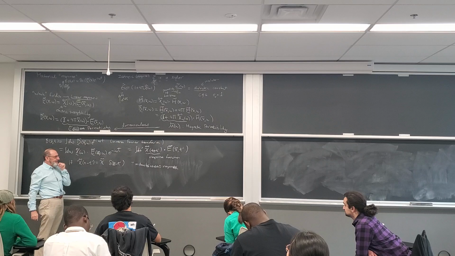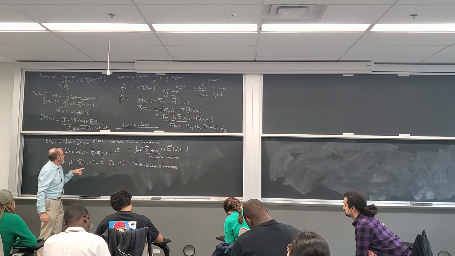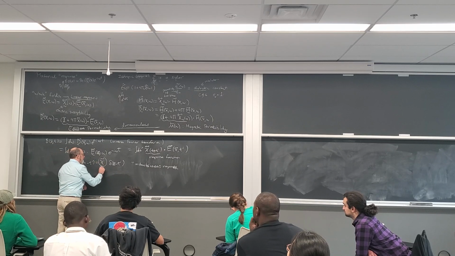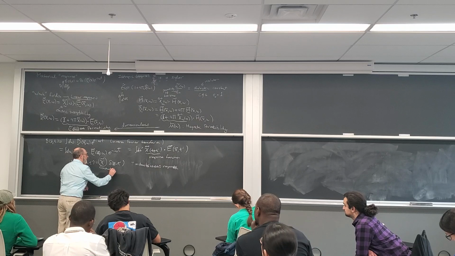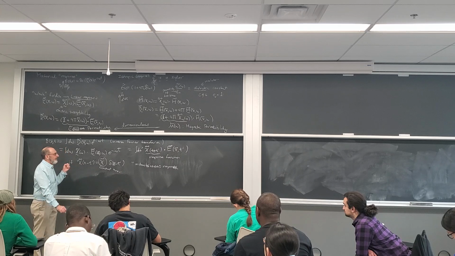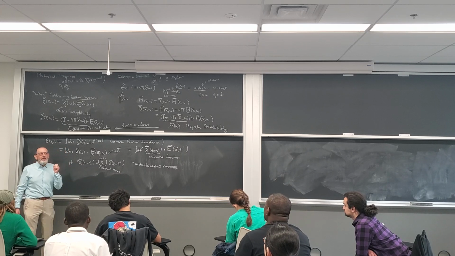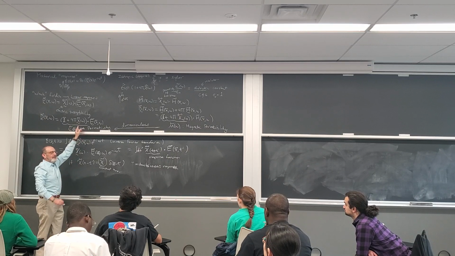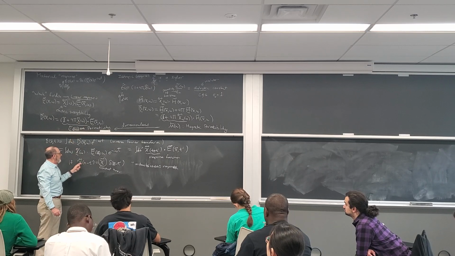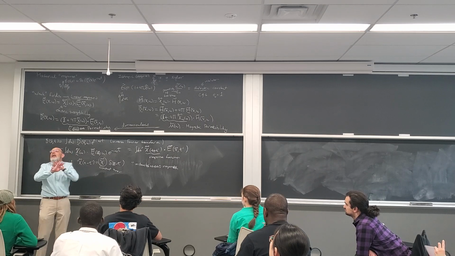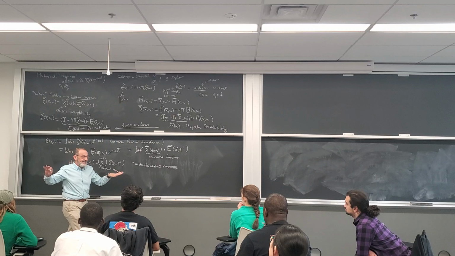So if that's the case, let me ask you the following question. If I had this kind of response, where this is just some constant tensor, independent of time, what would it tell me about the frequency dependence of the Fourier transform? It's also a constant. It would be independent of frequency. It would be flat, right?